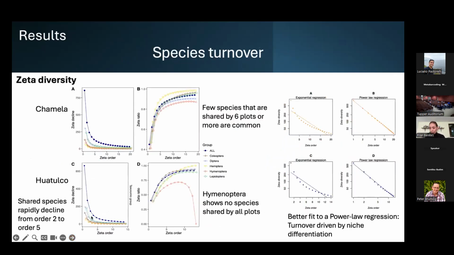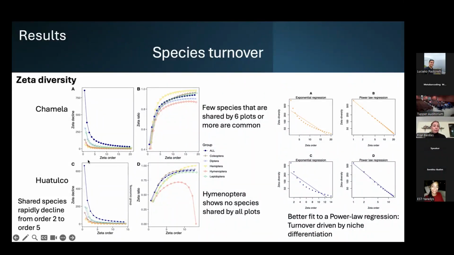So to talk a little bit about species turnover, we use zeta diversity, which measures the amount of species shared by 2, 3, 4, and so on plots, considering all plots, like a multidimensional measure of diversity.